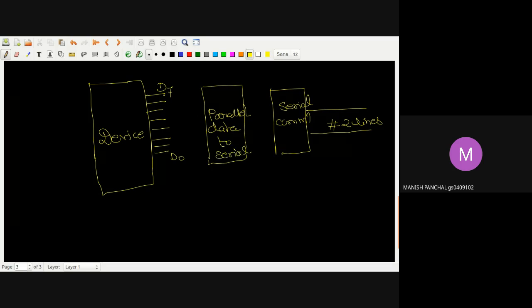I will connect all the lines coming from that device. This device may be any microcontroller or microprocessor, which may generate some parallel data, but you can convert it, and finally with the help of some connector you can transmit that data on the serial lines.